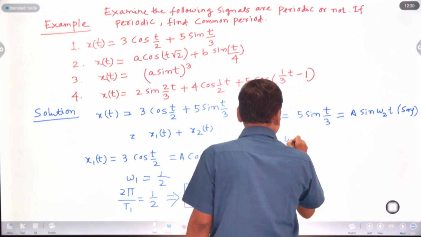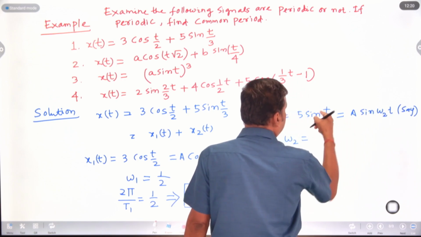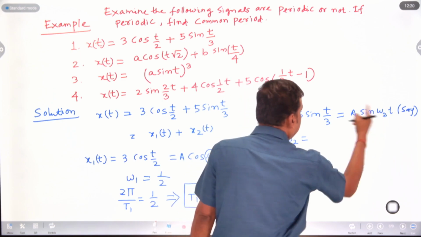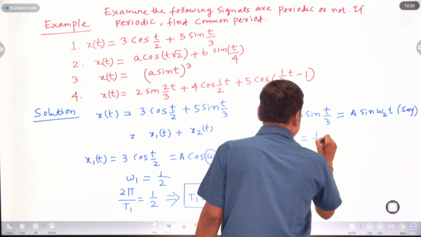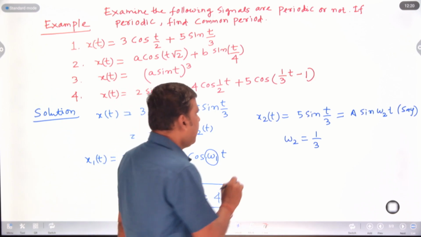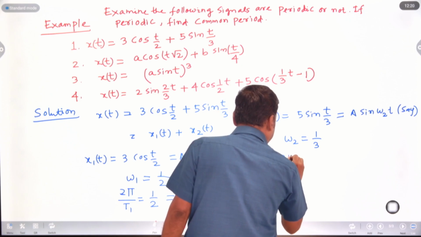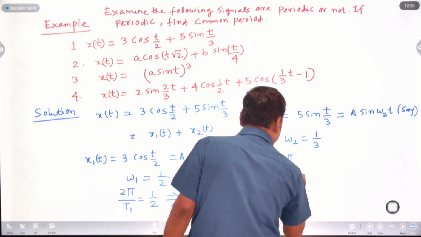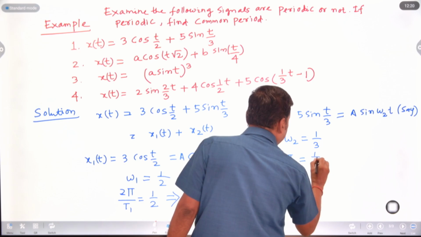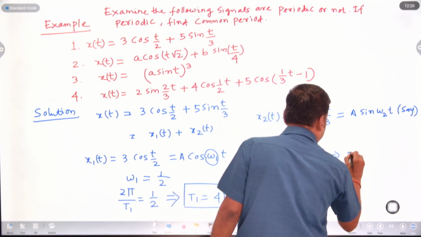And from this example, omega 2 is nothing but the coefficient of t, which is 1 by 3. So omega 2 is 1 by 3. And the value of omega is 2 pi by T. Here it is the second continuous signal, so we name it 2 pi by T2. 2 pi by T2 equal to 1 by 3, which implies T2 is how much?